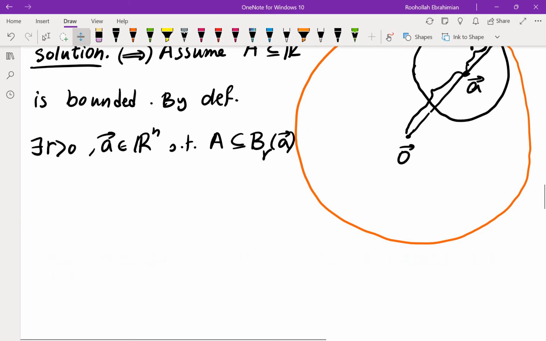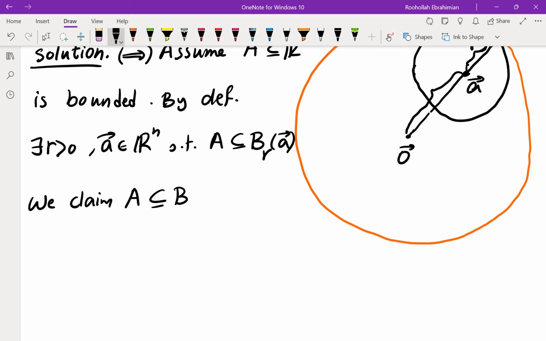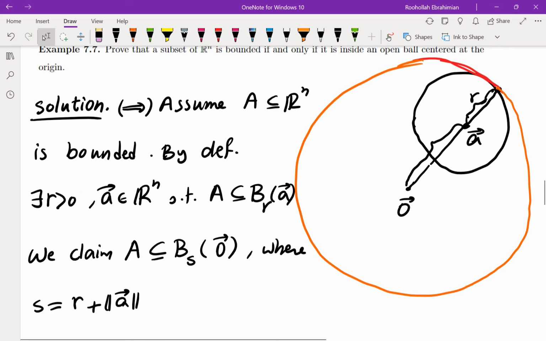That's by definition of bounded. Now I'm going to show that in fact the set is in the ball centered at 0 with radius S, where S is what we found: R plus the distance from A to the origin. So this one is R and this one is the distance from A to the origin.